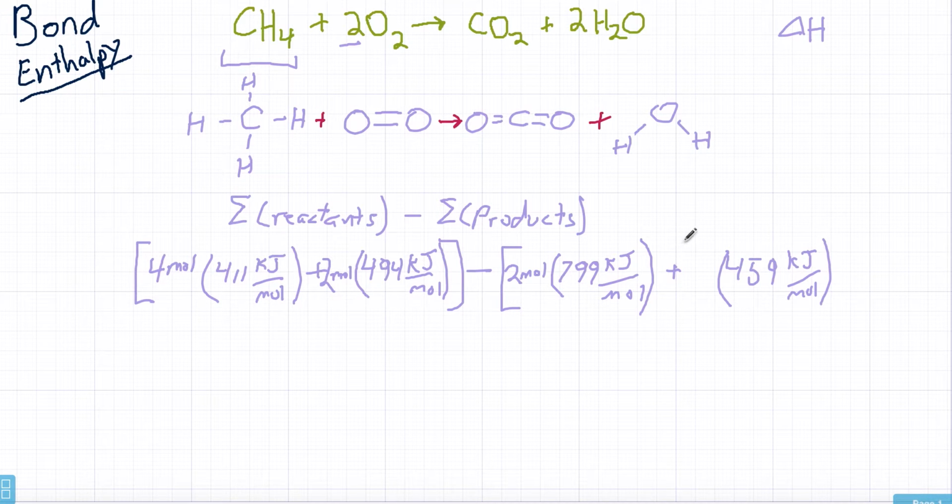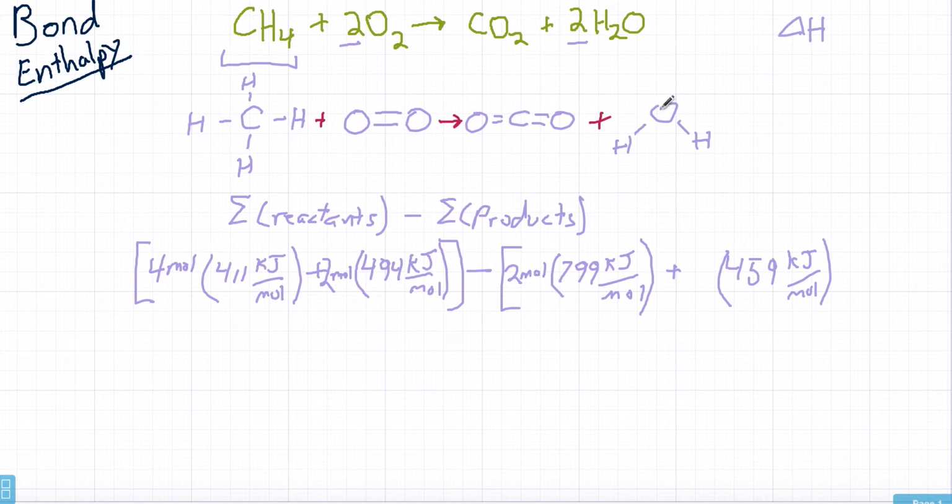Now, we have to look up here and say we have two moles of this, and our stoichiometric coefficient is 2. We also have 2 bonds per molecule. The way I like to think about it is how many total bonds are there all together. I have 2 here, but I have 2 moles of this, so there's 2 water molecules.